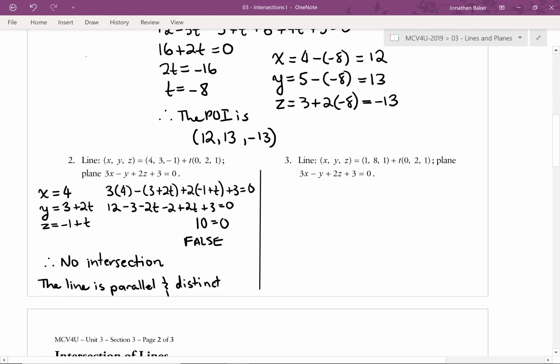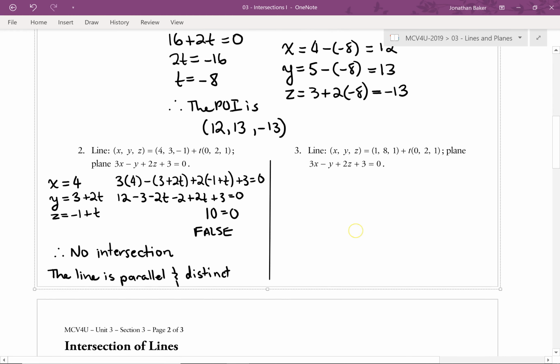Okay, let's look at example 3. Following the same process here, we're going to end up with different parametric equations because we have a different point here. Same direction vector. So x is just this value here, which is 1. Y is equal to 8 plus 2t, and z is equal to 1 plus t.